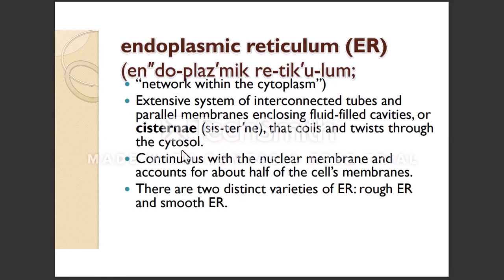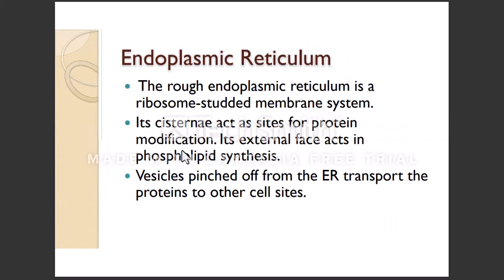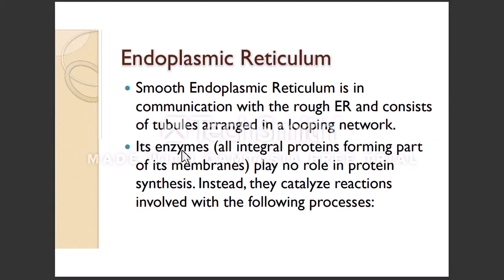So we are going to look at the rough endoplasmic reticulum. We have the rough endoplasmic reticulum and we have the smooth endoplasmic reticulum. Those are the two different endoplasmic reticula that we have. Now the rough endoplasmic reticulum has its own function, and like I said, it is where protein synthesis takes place.